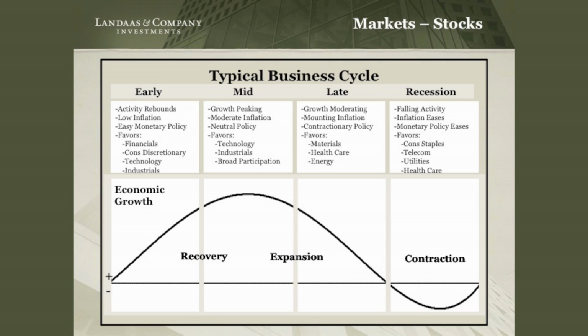Later in the business cycle, and that's where we are now, in what we call the expansion phase, the energy stocks tend to do well. And then finally, late in the business cycle, in recession, investors are looking for safety, higher dividends, and lower volatility, and you would expect telecommunications and utility stocks to do well.